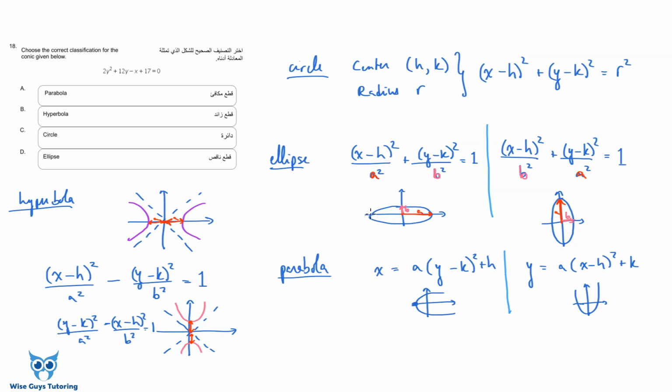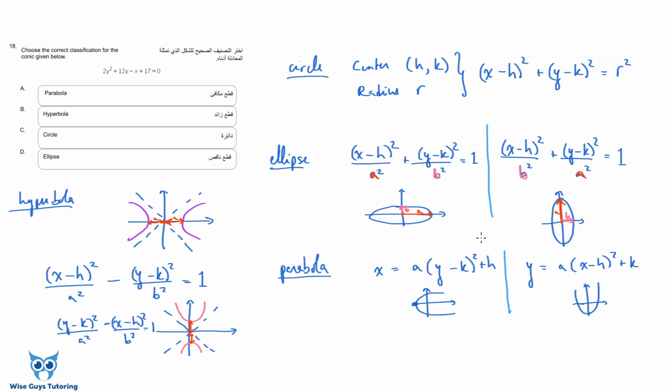However, because you don't have the same radius in both directions, you will always have both of them divided by a different denominator and equal to 1. The way that you're going to know if it's horizontal or vertical is which side is longer. If the longer denominator is under x, that means it's a horizontal ellipse, and if the longer denominator is under y, that means it's a vertical ellipse.